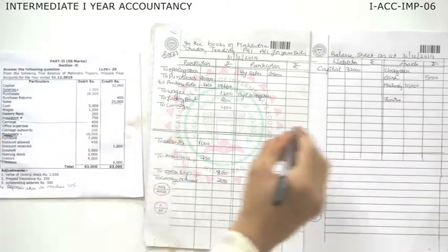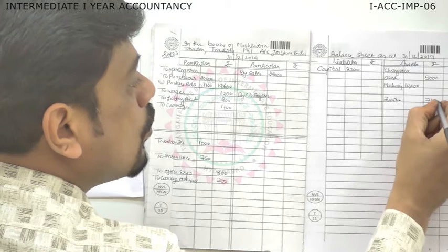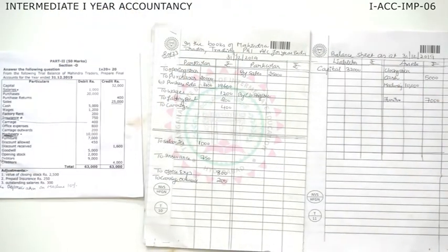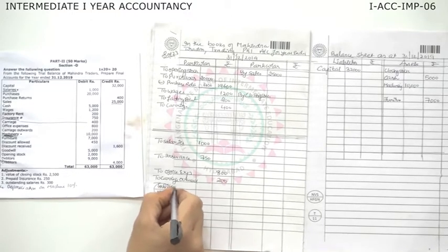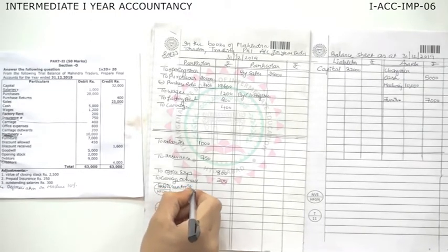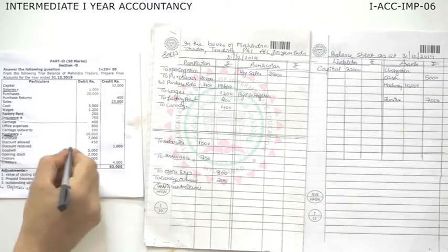No adjustment. So I'm writing in amount column 7,000. After furniture, discount allowed. Discount allowed is an indirect expense. So that comes in profit and loss. So to discount allowed.